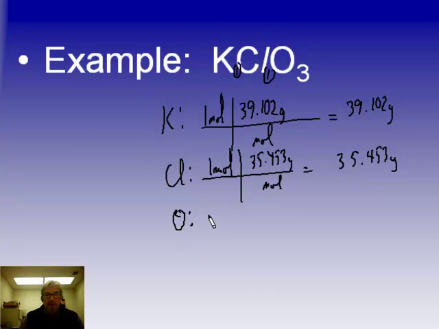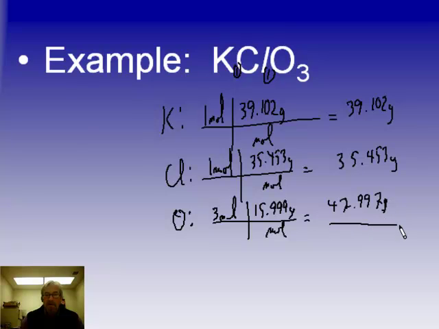Well, the subscript 3 implies that a mole of KClO3 has 3 moles of oxygen in it. Oxygen is 15.999 grams per mole. And when I multiply this out, I get 47.997 grams. So 1 mole of KClO3 consists of these masses of individual elements.